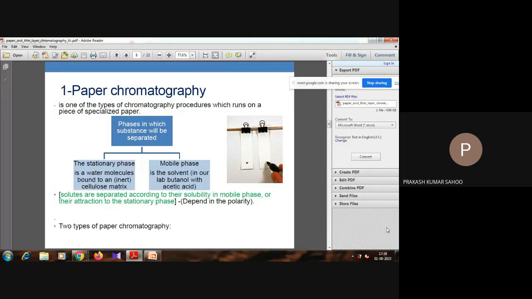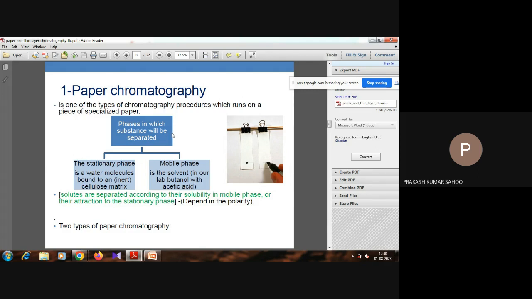These have been widely used for qualitative identification. This is very important. So paper chromatography or thin layer chromatography is widely used for qualitative identification, meaning the determination of the type of component present, not the amount of component. It is the type of component we may be able to know through this experiment.